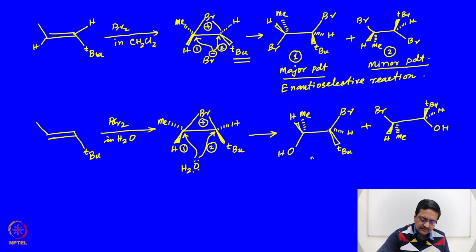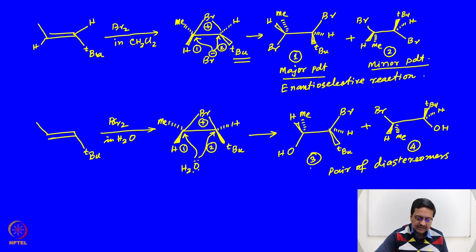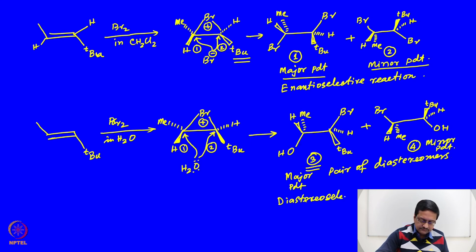So here the products 3 and 4 are a pair of diastereomers, and preferentially this product 3 forms as a major product, while this forms as a minor product, and hence this particular reaction is a diastereoselective reaction.